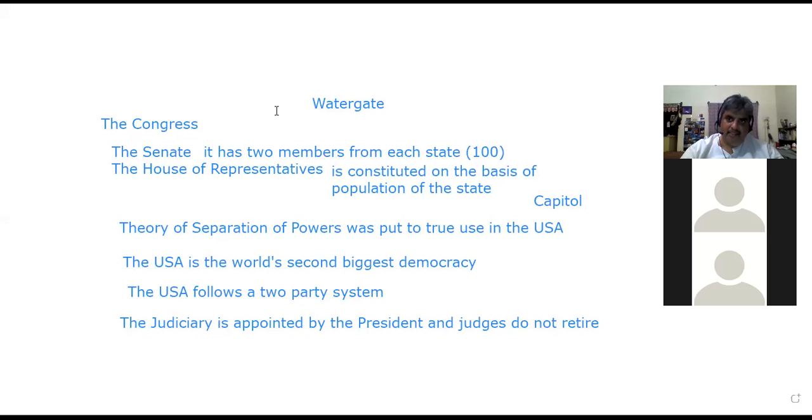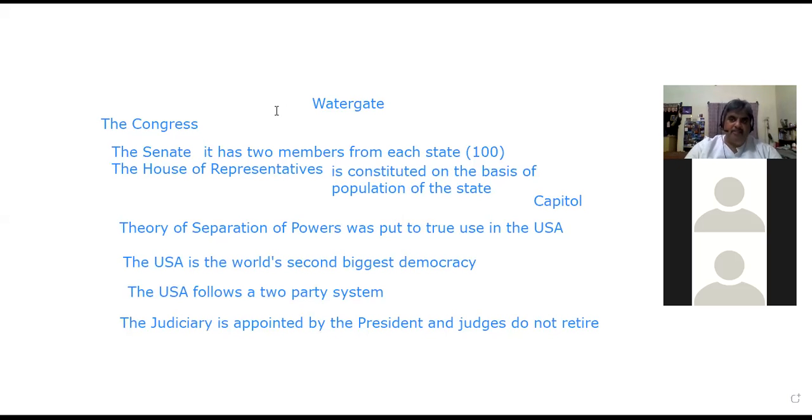But if you examine the functioning of the American political system, you will find that there is really no, what should I say, a clear delineation of powers, because all judges are appointed by the president.